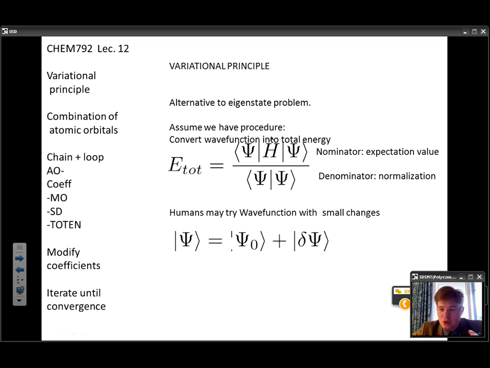So there is a procedure that connects the wave function, if it is known, and energy. And here is a little bit philosophical. Suppose that the wave function is something that we can tweak, we can change. And the question is, how does the total energy change if one is going to modify the wave function?